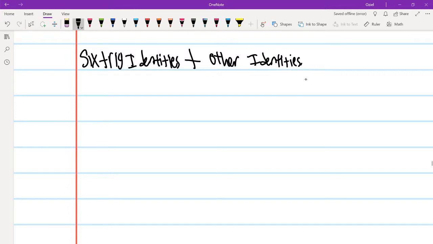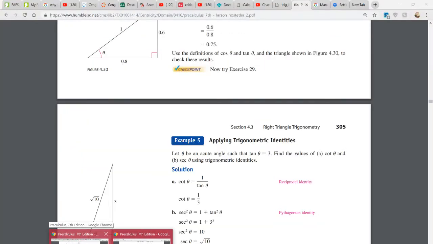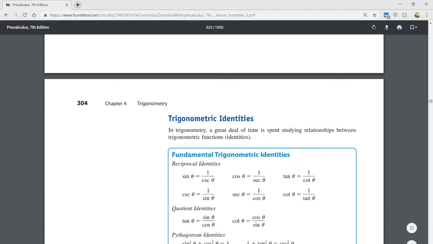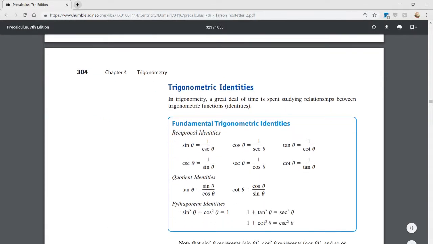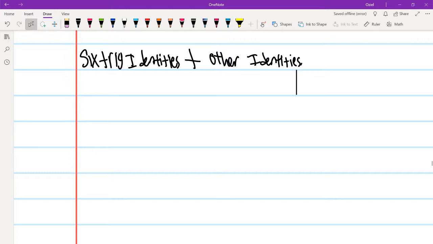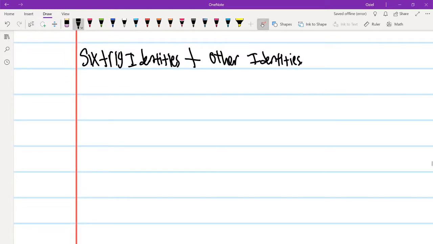Okay, so, one identity is going to be, so if we look at our notebook here, or at our textbook, we have our reciprocal identities. So first is, try to write that, reciprocal identities.